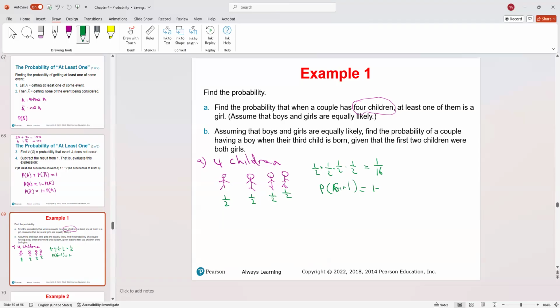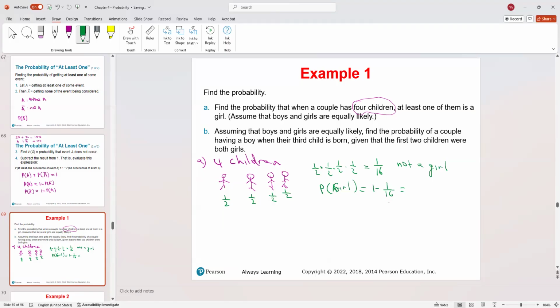So for the probability that at least one is a girl, you need to subtract the probability that none is a girl. So here it is not a girl.